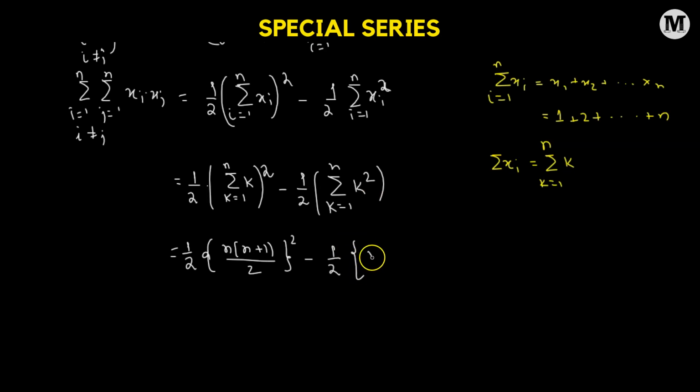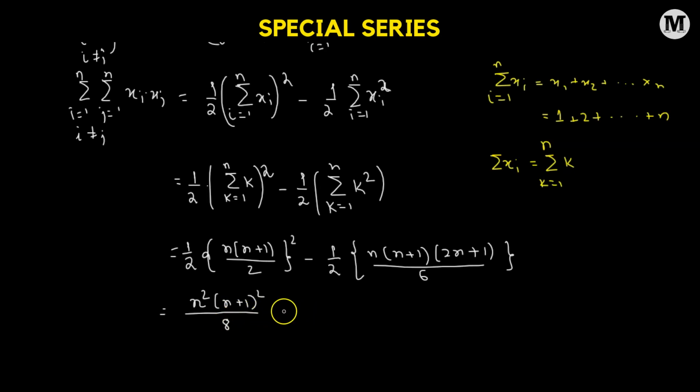So that's given by n multiplied to n plus 1 times 2n plus 1 whole divided by 6. Now we simplify this. We're going to get n squared multiplied to n plus 1 whole squared divided by 8, minus n times n plus 1 multiplied to 2n plus 1 divided by 12.